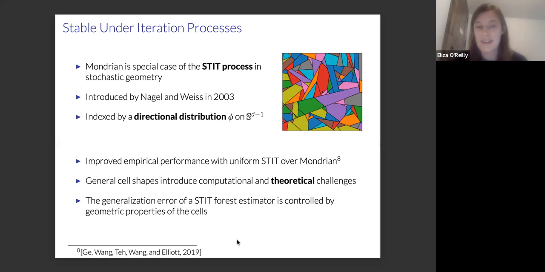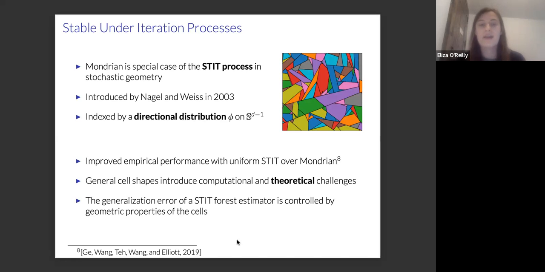But of course, these general cell shapes introduce both computational and theoretical challenges. I bolded theoretical here because our work has so far focused on the theoretical challenges, by bringing in additional theory from stochastic geometry on random tessellations in order to address those.